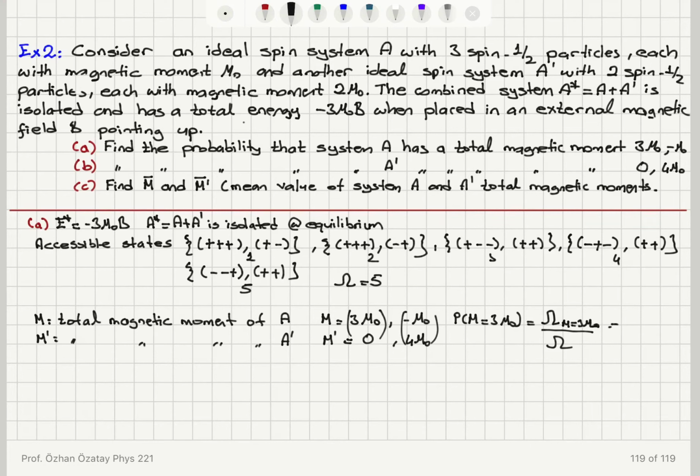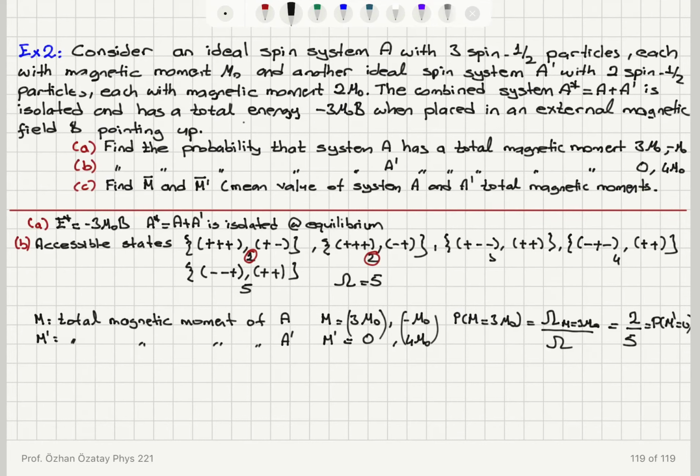You can find that these are R equals 1 and R equals 2. So these two states, I have a total of 2 divided by 5. Then that's also equal to the probability that M prime is equal to 0, right? So these two are coupled. So that's also answering part B of the question at the same time.